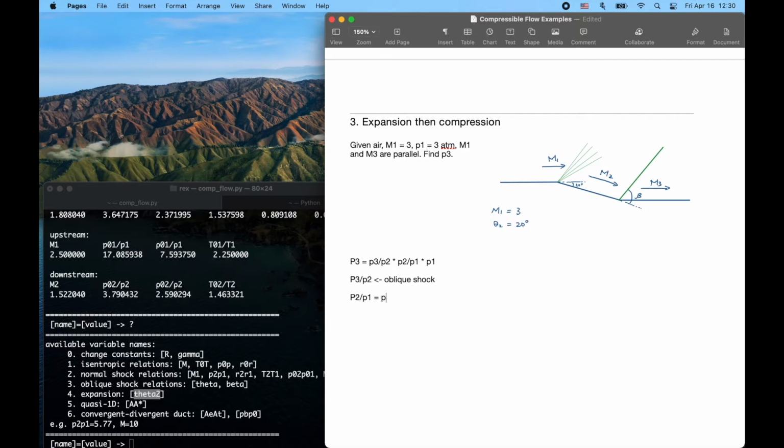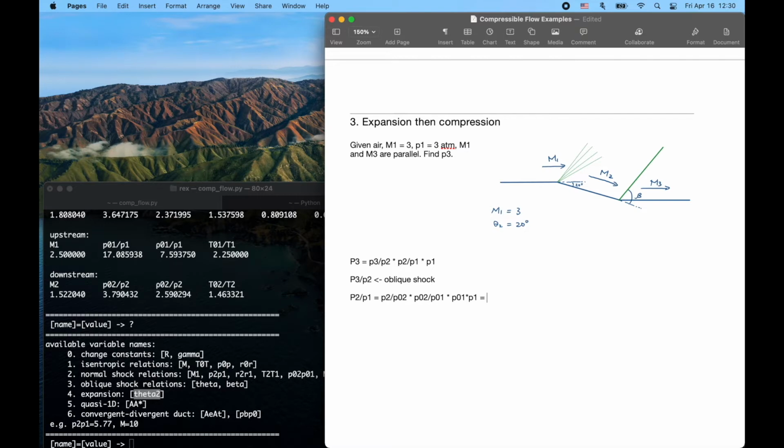So they are related based on the total pressure. So P2 over P1 equals P2 over PO2 times PO2 over PO1 times PO1 times P1.